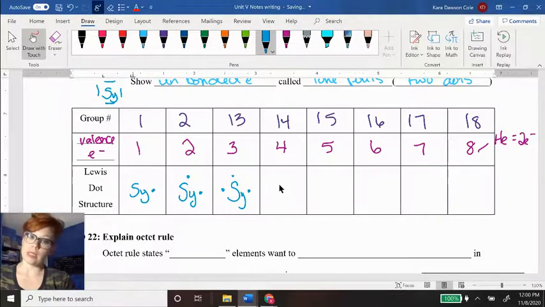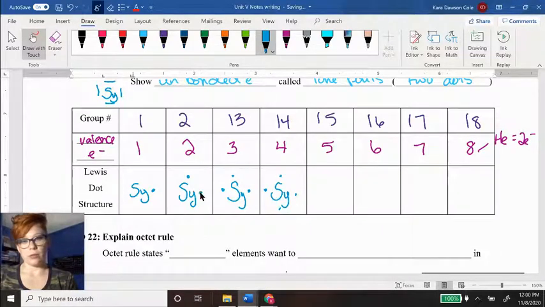So group 14, symbol, and then 4 dots around it. Now notice you're putting a single dot on each line of the symbol. That is also Hund's rule. Remember Hund's rule from the electron configurations.